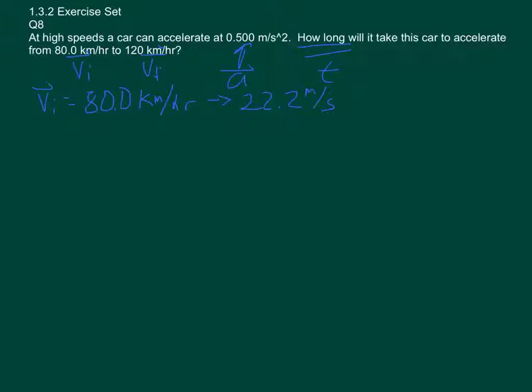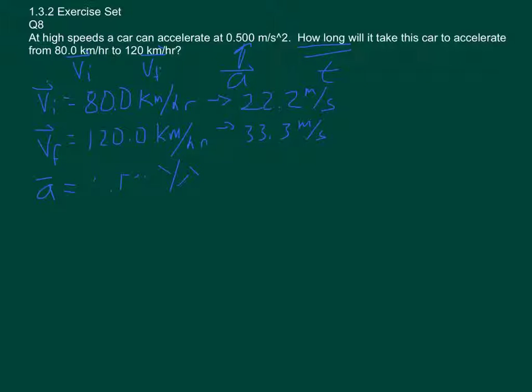Velocity final is 120, that converts over to 33.3. We had that one before too. Okay, they're converted. I also have an acceleration. Acceleration is 0.500 meters per second squared.